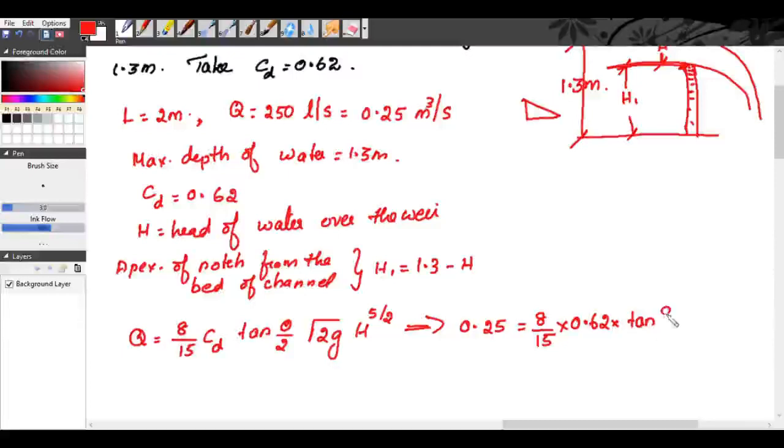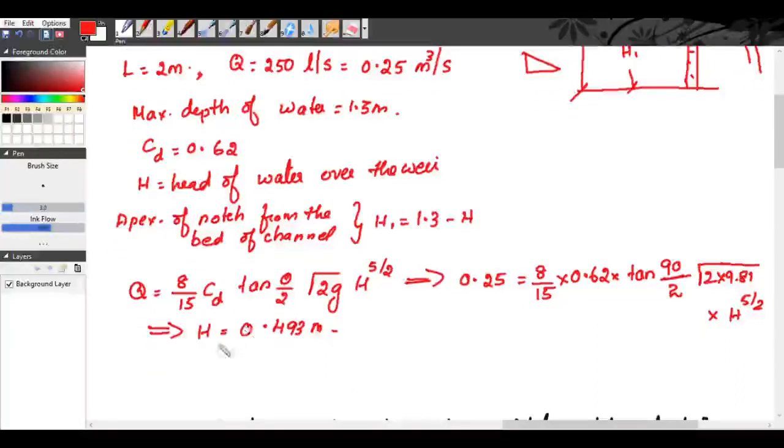For a right angled weir, it is tan 90 by 2, so theta is equal to 90 degree, into root of 2g, where g is 9.81, into h raised to 5 by 2. So the only unknown is h, from which we get h is equal to 0.493 meter.